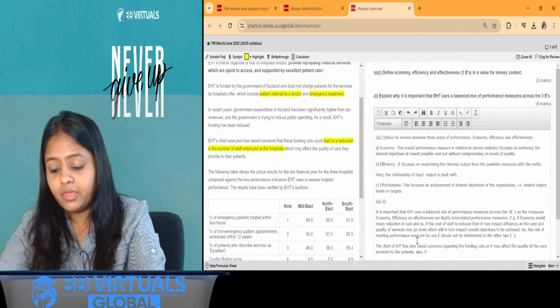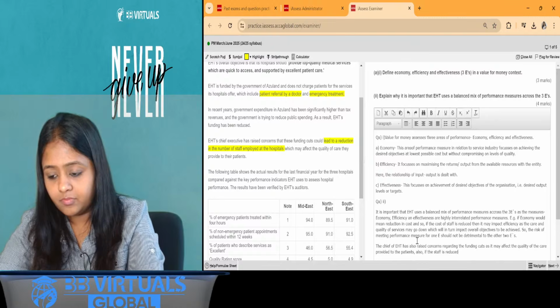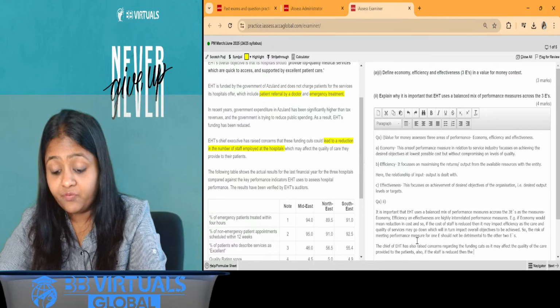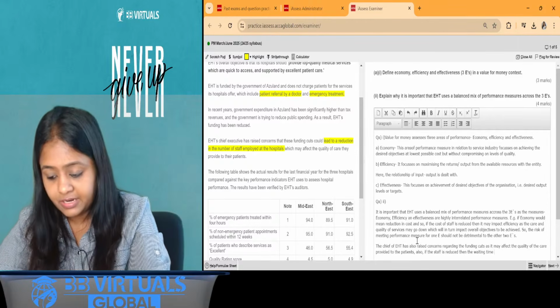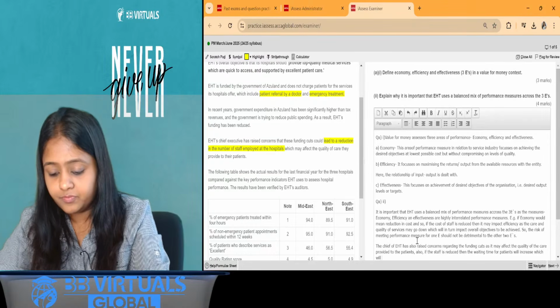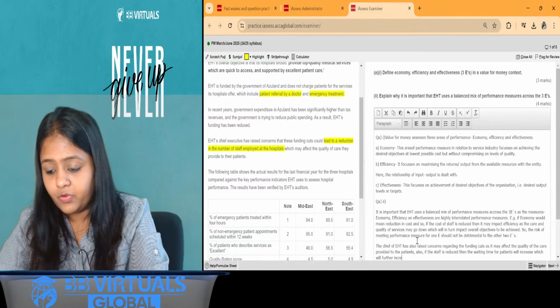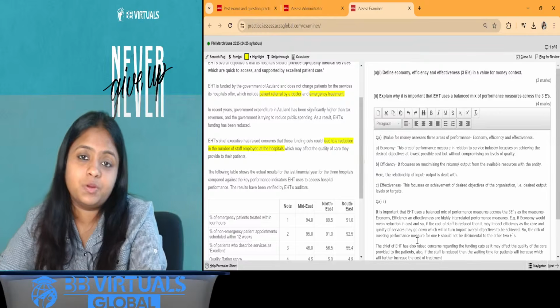If the staff is reduced, then the waiting time for patients will increase because less number of staff is there. Waiting time for patients will increase, which will further increase the cost of treatment. Because if the waiting time increases, overall the cost will also increase.